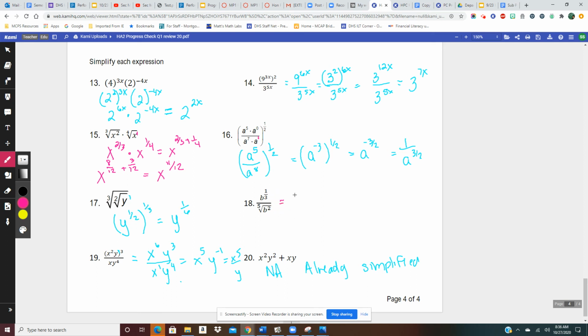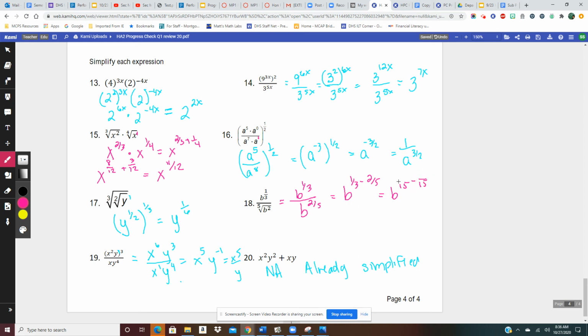All right, let's rewrite this one. This one is b to the 1/3. There's no radical in that one. So I'm going to flip this from a radical to a rational exponent. So that's 2 over 5. I'm dividing, so I'm going to subtract. So I'm going to get b to the 1 over 3 minus 2 over 5. All right, common denominator, and that's going to be 15.